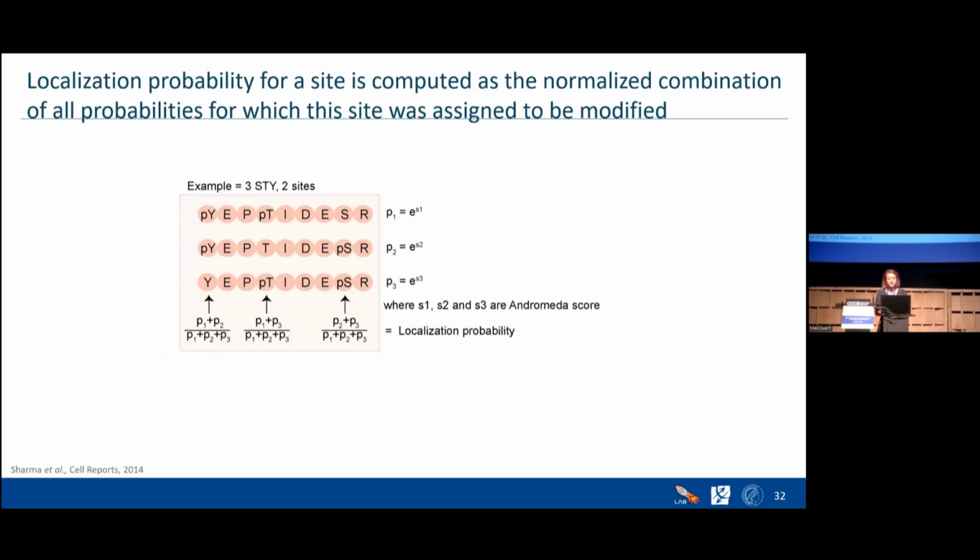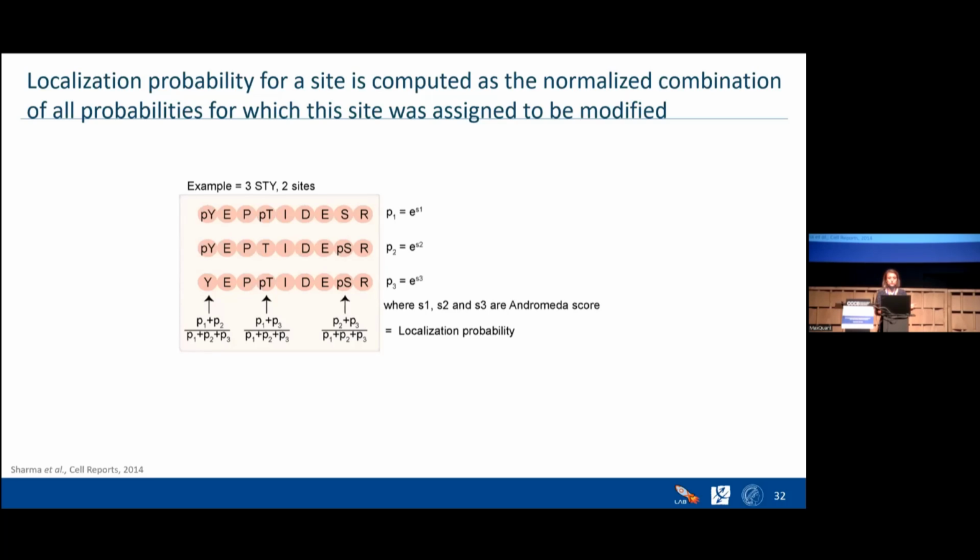We have the same peptides, but 3 different scenarios. Because we know the peptide mass and the peptide sequence, we can find out there are actually 2 sites phosphorylated. But there are 3 different possibilities.